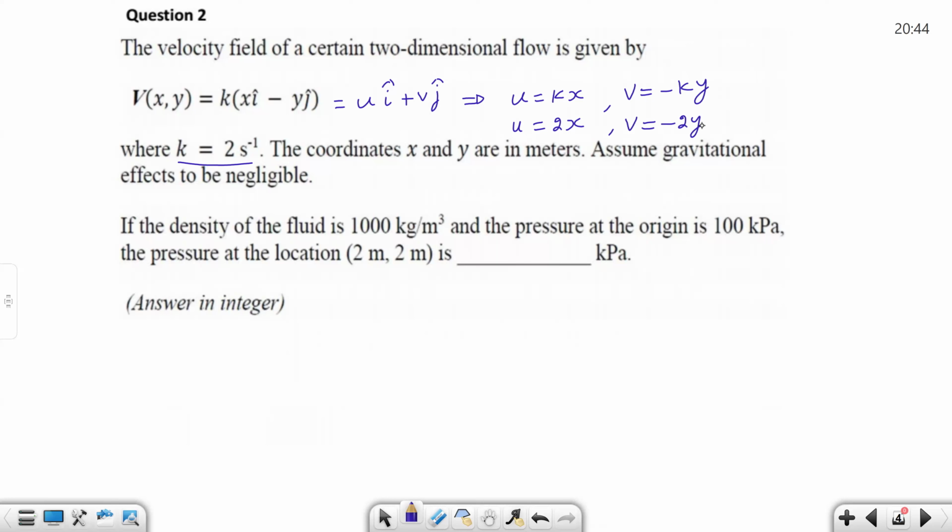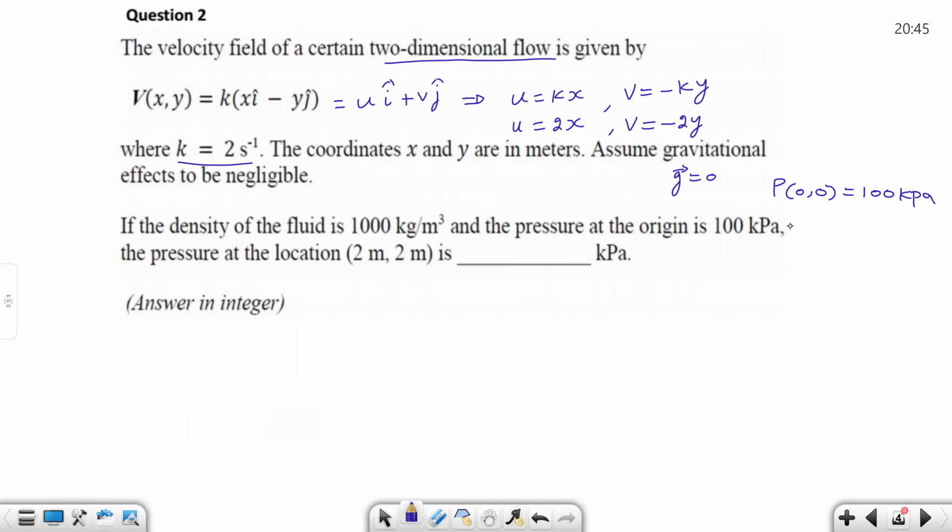The coordinates x and y are in meters. Assuming gravitational effect to be neglected, so g vector will be 0. Density of the fluid is given. The pressure at the origin 0, 0 is 100 kPa.